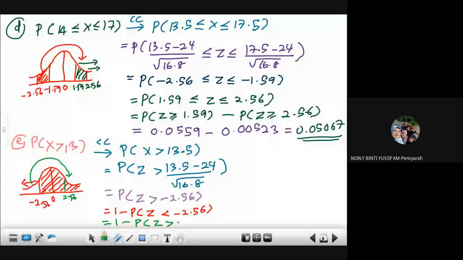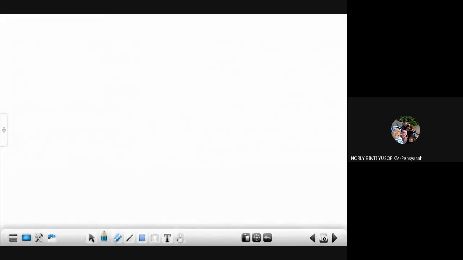So greater than 2.56. The concept of symmetrical lah. Okay, jadi you baca dekat table 2.56, you akan dapat 1 tolak 0.000523. So sama ni 5 tempat perpuluhan. So jawapan akhir dia akan dapat 0.99477.